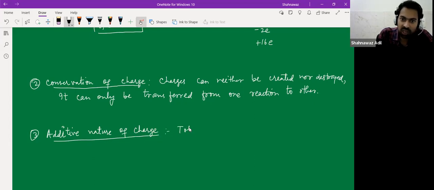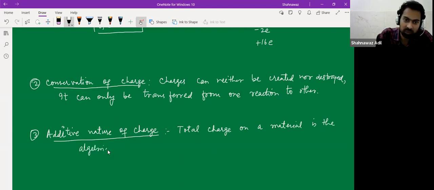The total charge on a material is the algebraic sum of the individual charges.